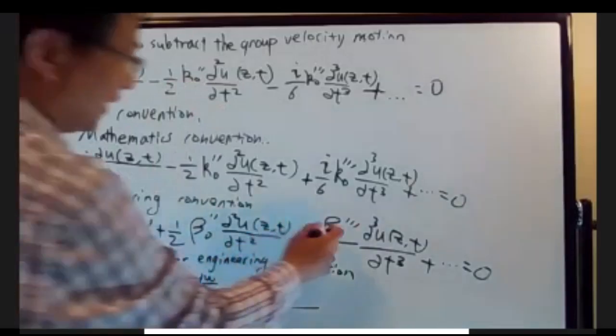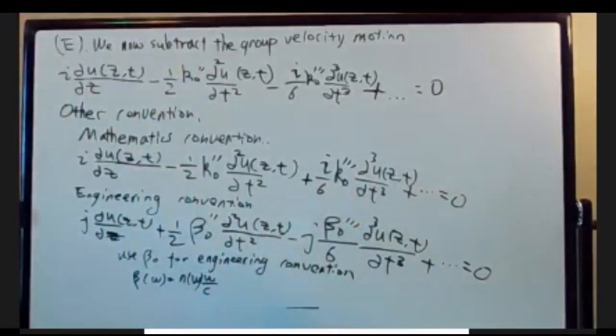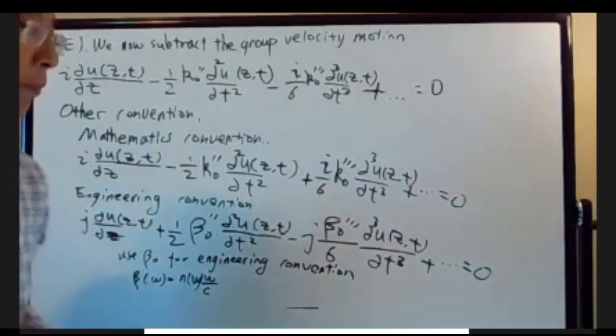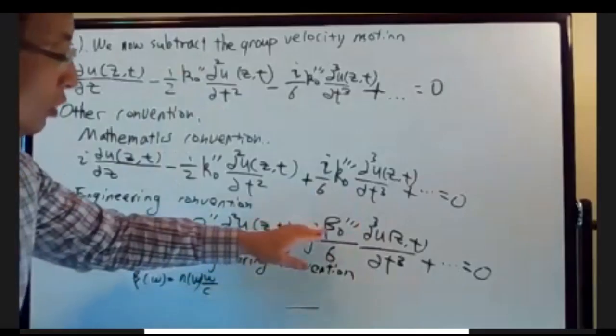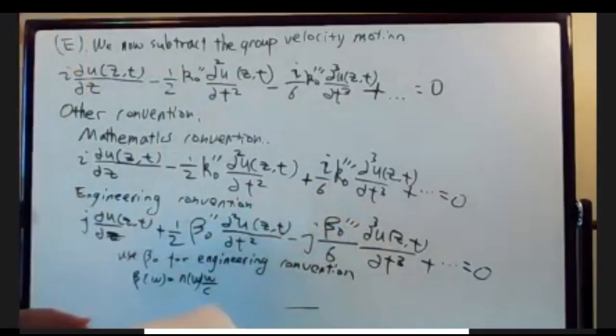However, the beta triple prime has the opposite sign. If you get into the detail, we will learn it together later on when we actually use MATLAB to plot. Once you put in the beta 3 as negative, how would it change? So beta is actually the same.